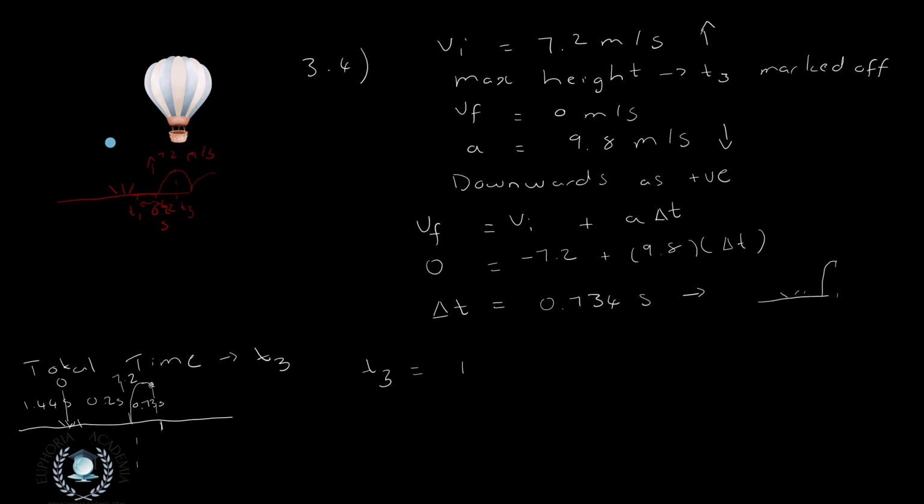T3 is going to be 1.44 seconds plus the 0.2 seconds it's on the ground, plus the 0.73 seconds that it takes to go up and get to its maximum height. And this total time, this T3, is going to be 2.37 seconds. And that's your question.